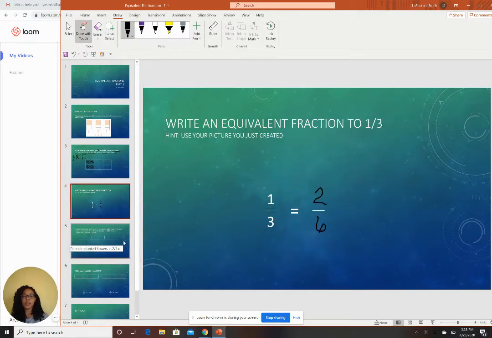So we know we're multiplying, and I have to think to myself, what 1 times what equals 2? Well, I know 1 times 2 equals 2, and whatever I do to the top, I have to do to the bottom. So 3 times 2, does that equal 6? It does. So we know that 1/3 is equivalent to 2/6, okay?